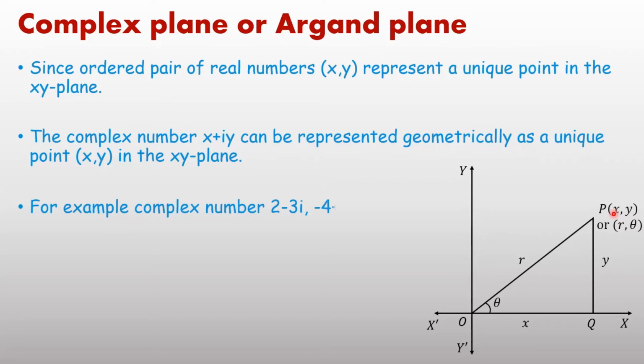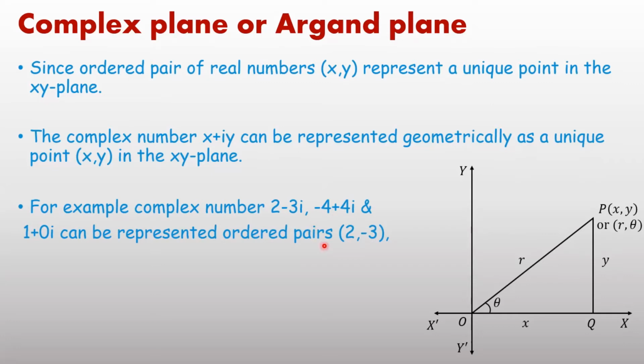For example, if we want to represent the numbers 2 minus 3i, minus 4 plus 4i, or 1 plus 0i on the complex plane, we will write 2 minus 3i as 2 comma minus 3, minus 4 plus 4i as minus 4 comma 4, and 1 plus 0i as 1 comma 0.